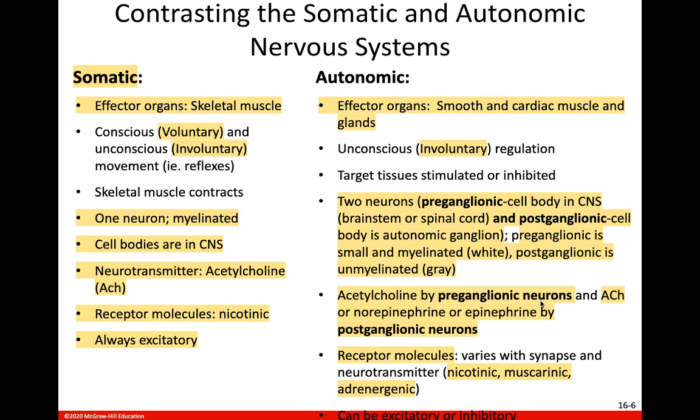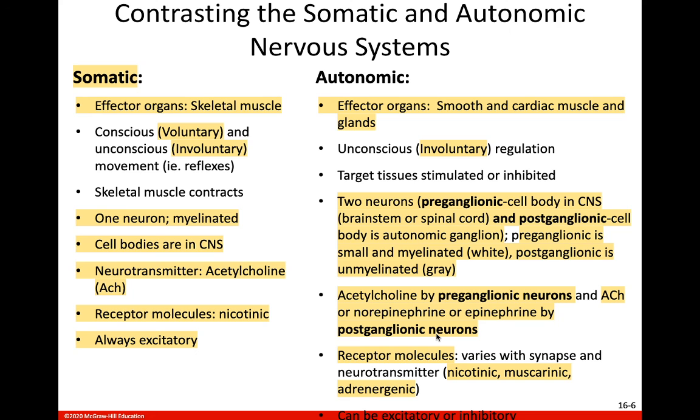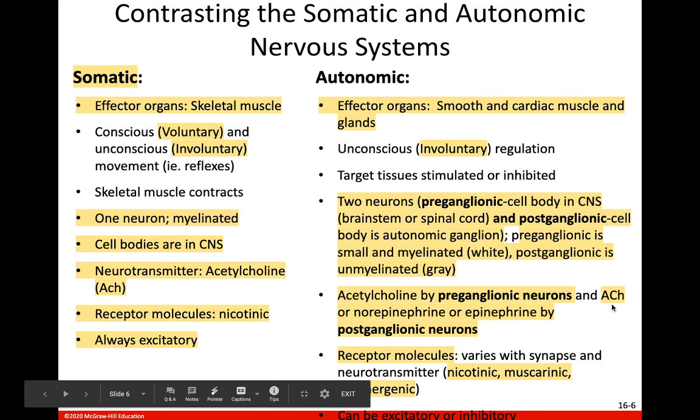When it comes to those preganglionic neurons, acetylcholine is always going to be the neurotransmitter that is released. But when it comes to the postganglionic neurons, in some cases, for example, I think it's the sympathetic nervous system, the acetylcholine will also be released by those postganglionic neurons.